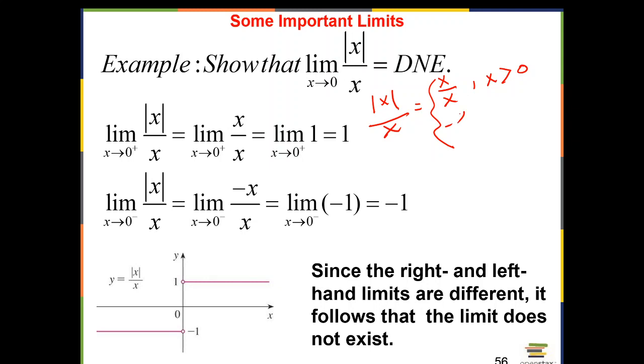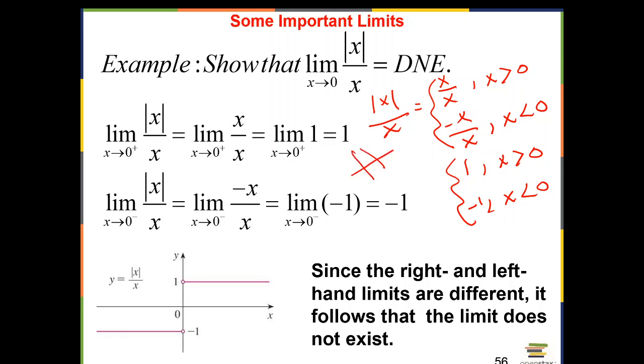And it is negative x over x when x is less than 0. So basically it means this function is just 1 when x is greater than 0, and is negative 1 when x is less than 0. Right? And that's it. So the left limit is negative 1, the right limit is 1. And they're not equal, right? So that means this limit does not exist.